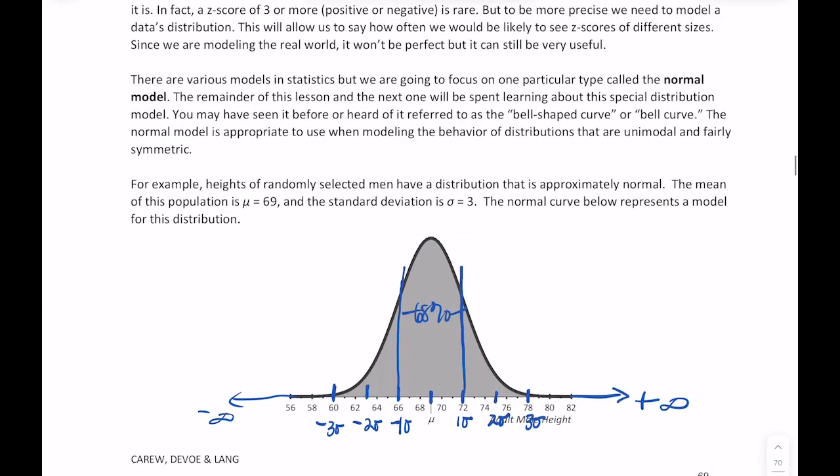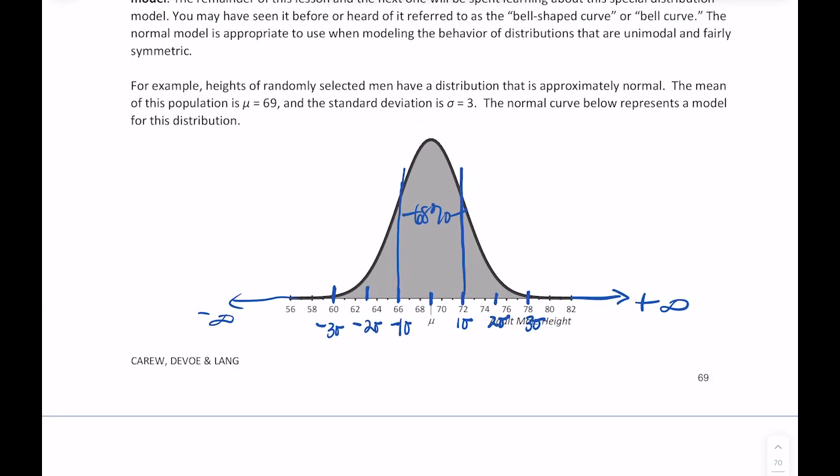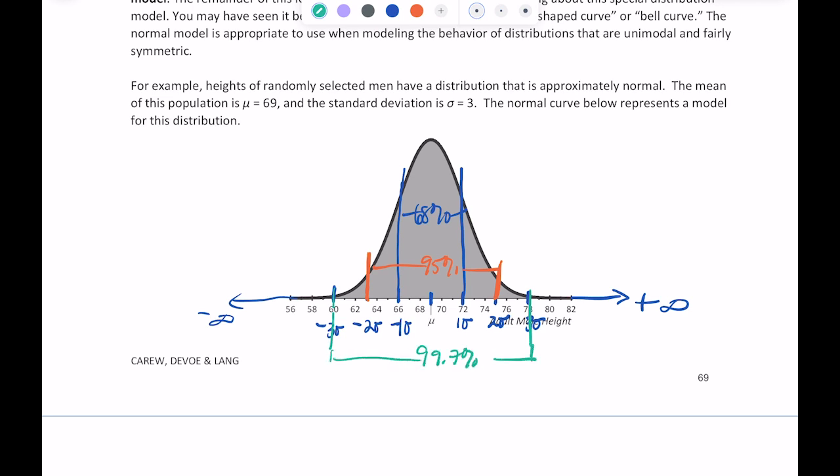So if I change colors here, 95% of males will fall between 63 inches and 75 inches tall, and since I can't fit it above, I'll put it here. 99.7% of males will fall 3 standard deviations above and below the mean.